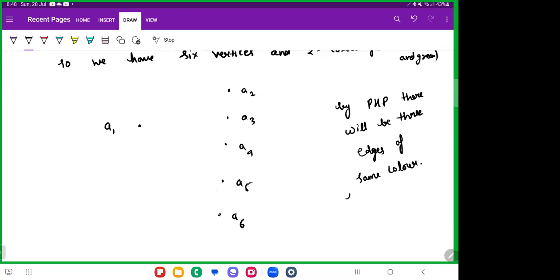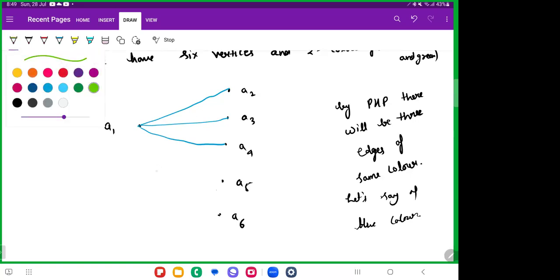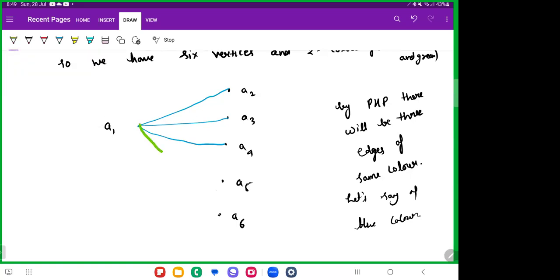So let's say they are of blue color. Let's connect them by blue color. Say these three are of blue color and the remaining two are of green color.